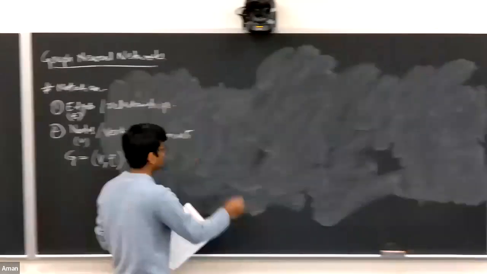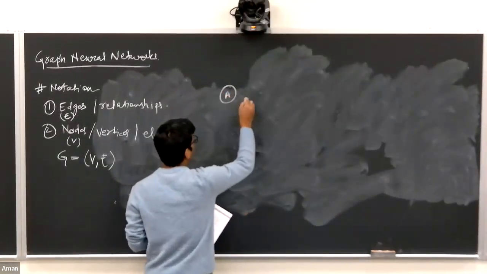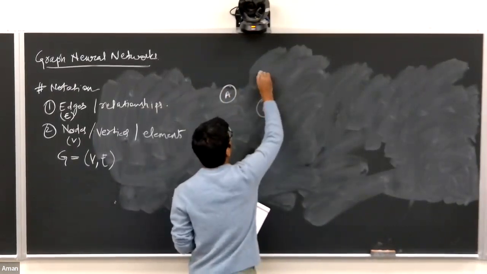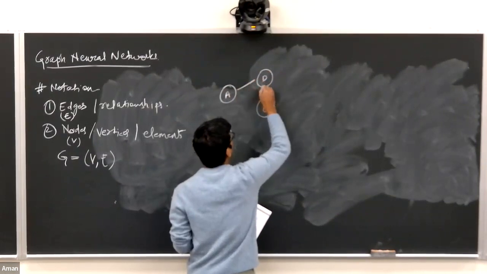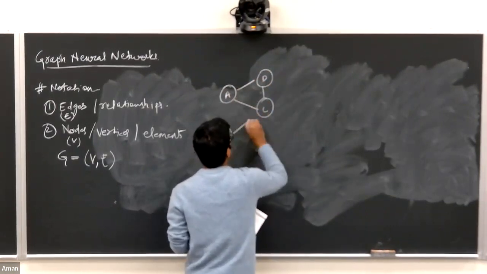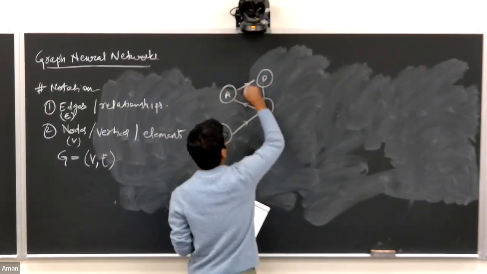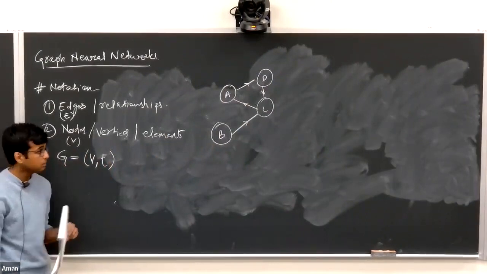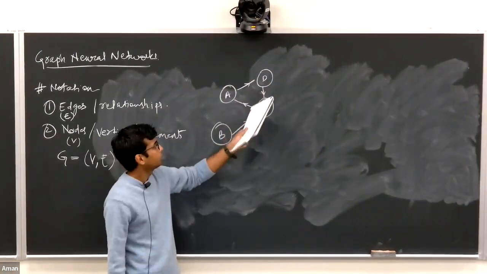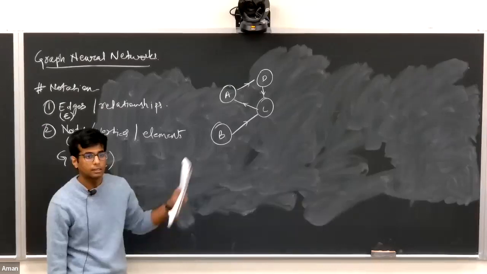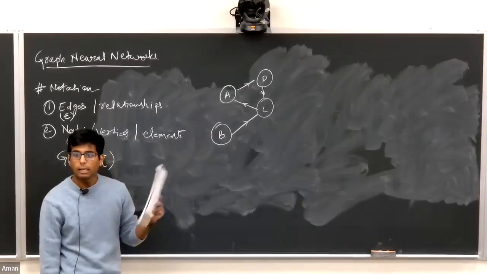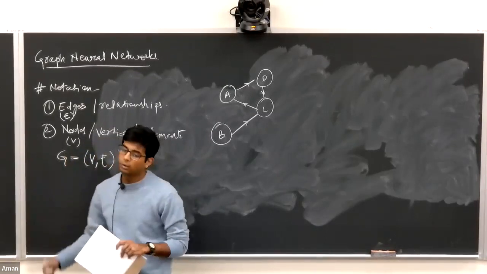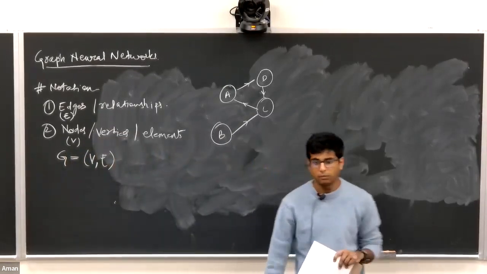Right, so a graph would be something like this, where you have different nodes, and these are randomly connected to each other. The direction and the strength of these connections, these edges, represent the relationships that these elements have with each other. Any kind of data which can be represented as a graph can be arranged into this form of nodes and vertices.